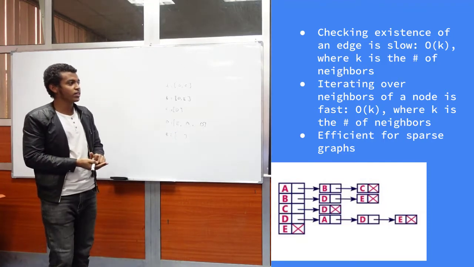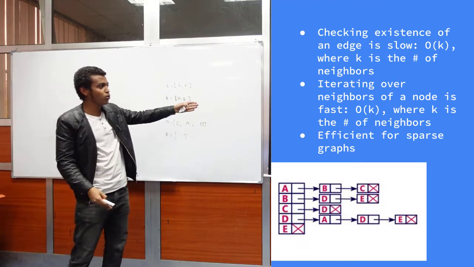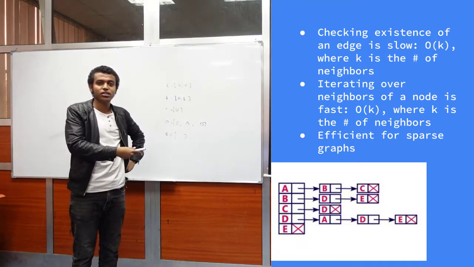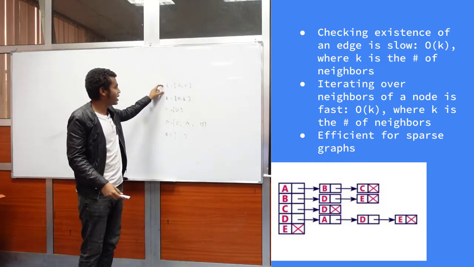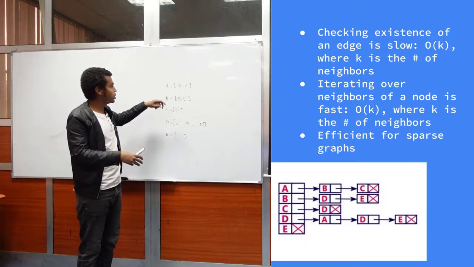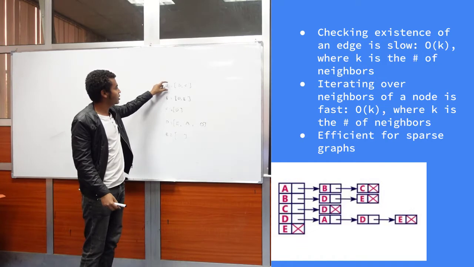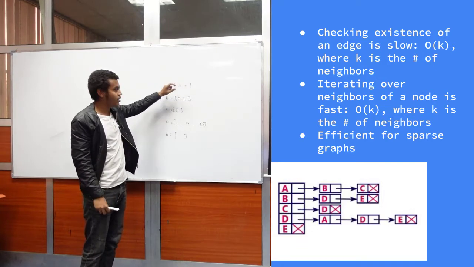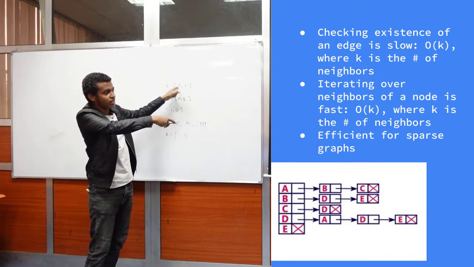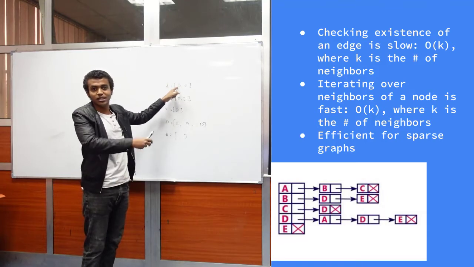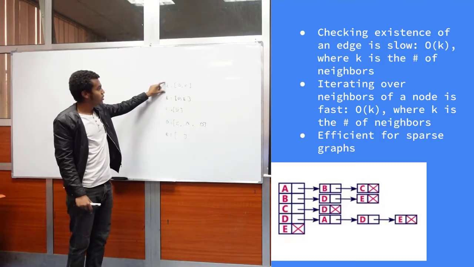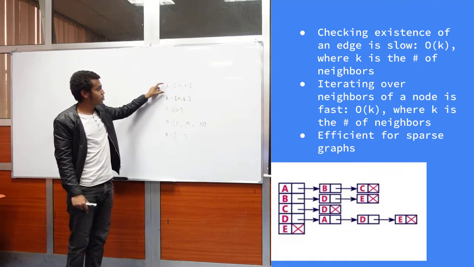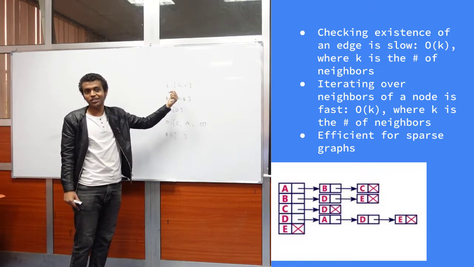So you just go over the edges, and if you find an edge representing A to B, it means that there's a path from A to B. So you go to the array representing A's neighbors and add B there. The next time you see AC, it means C is a neighbor of A, so you go to the array representing neighbors of A and add C there.